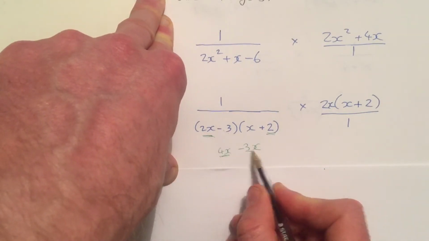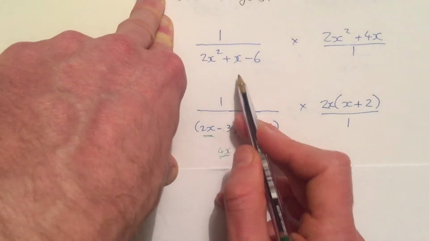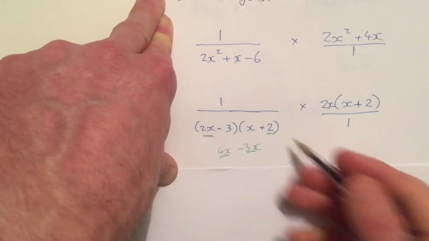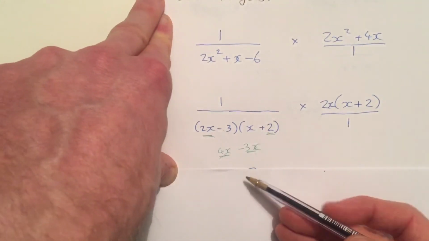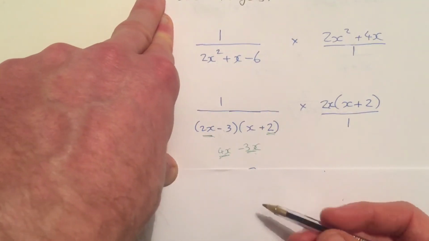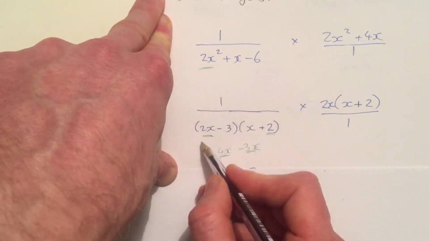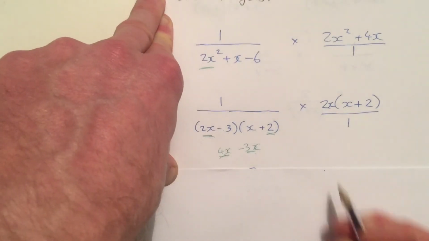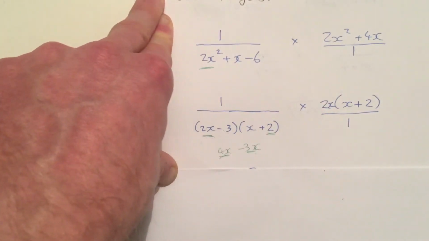And we can see that when I do add them together, I just get a single plus 1x. So that works. You could do this the long algebraic method, but I just like to do trial and improvement method for factorising these sorts of questions. I know it's got to have a 2x and an x. I know the other two numbers have got to multiply to make 6, so we can figure out it's going to be like that.